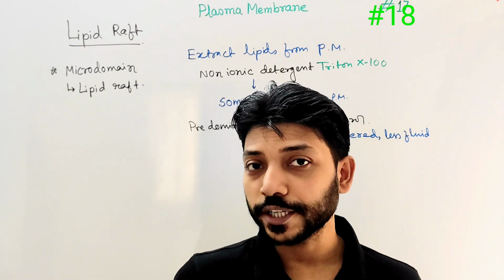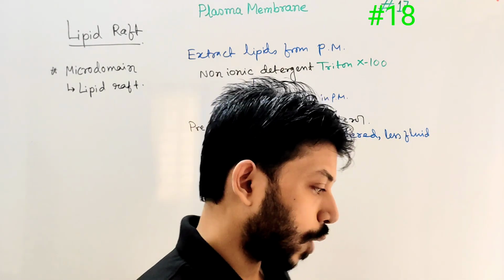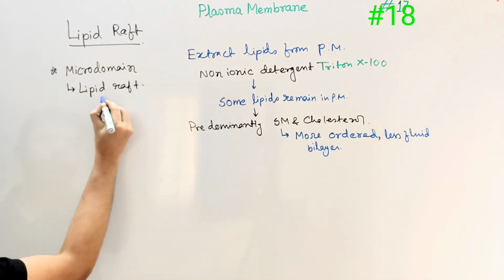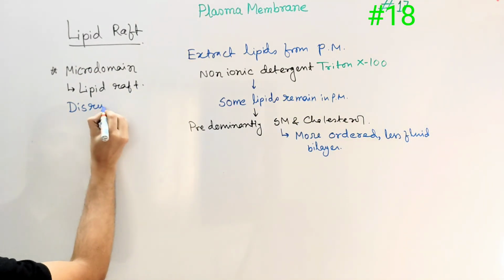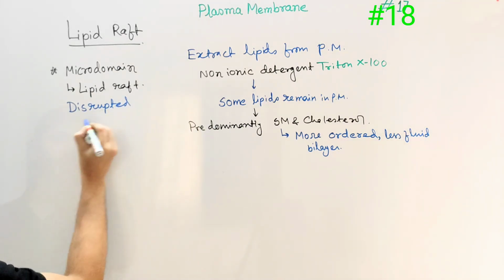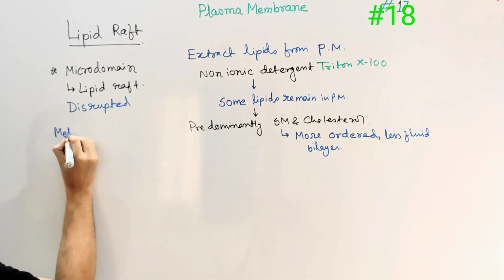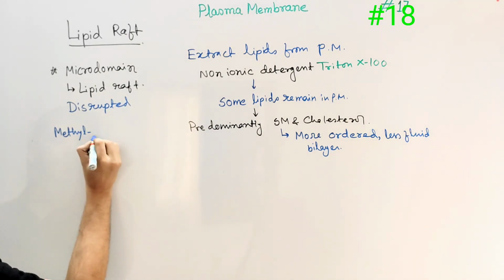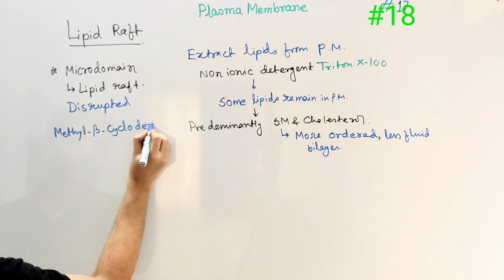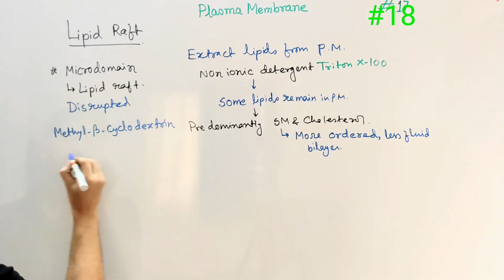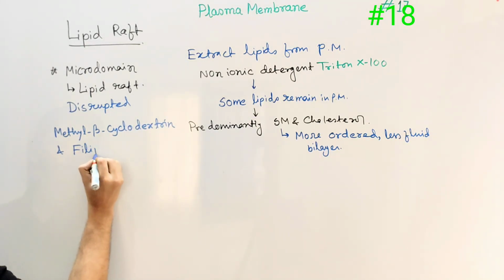Now the raft can be disrupted by two chemicals. Lipid rafts can be disrupted by methyl beta cyclodextrin and one antibiotic called filipin.